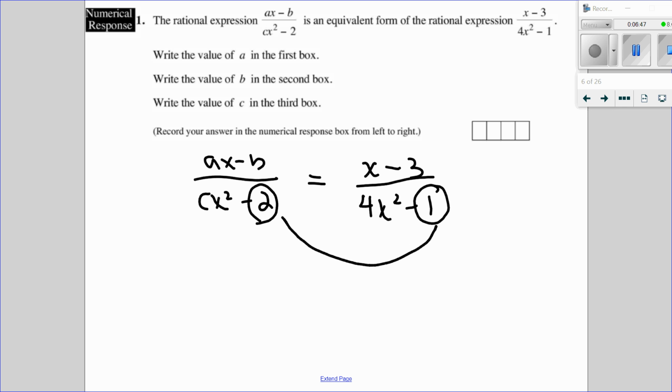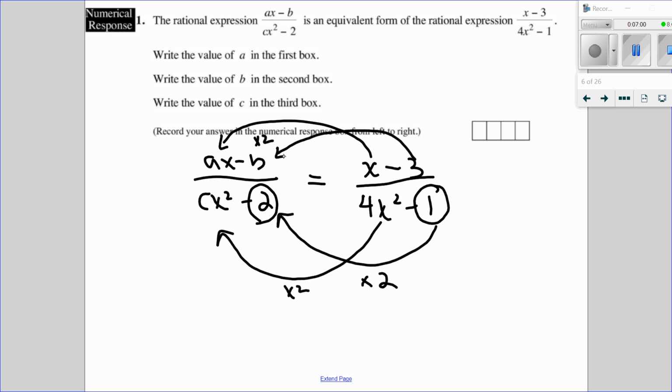So to go from 1 to 2, I would multiply by 2. Since they are equivalent, I would multiply everything by 2. So I would multiply this guy by 2 and this one by 2 as well. So A is going to be the number in front, which is 1, 1 times 2, or just 2.